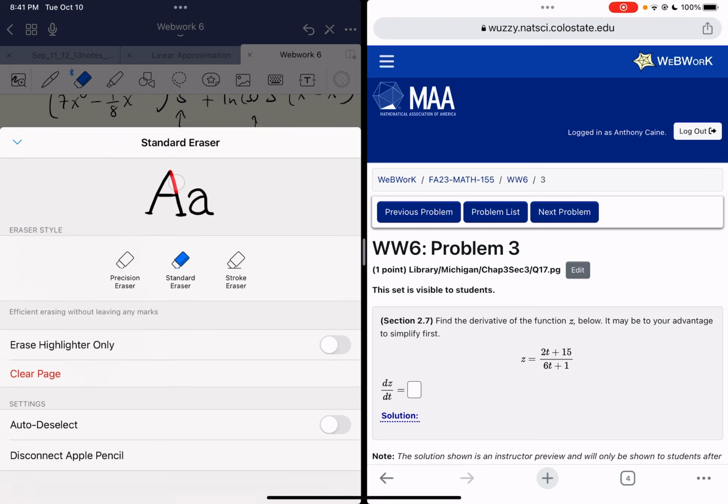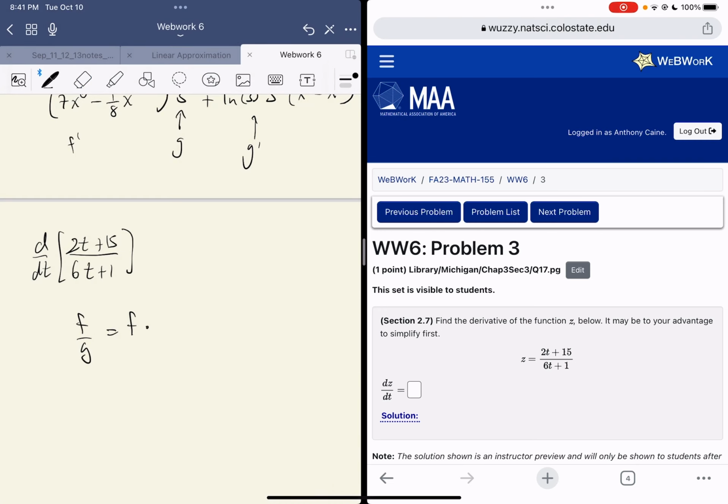Sorry, it's not g inverse. I mean 1 over g of x, which means whatever g of x is, in this case 6t plus 1, to the negative 1 power. So anyway, you could do it that way. Not going to worry about it. I'm just going to introduce the quotient rule.